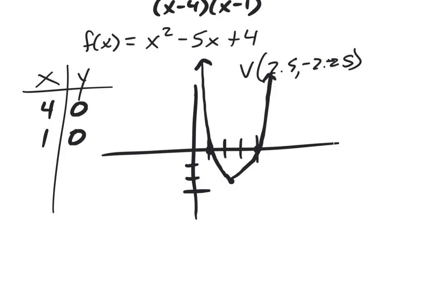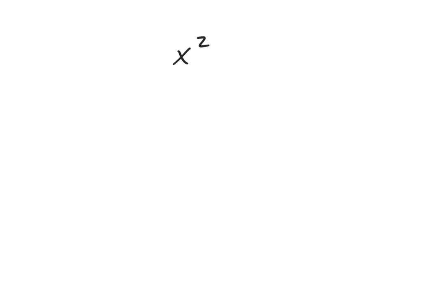Okay, remember that not all parabolas will touch the x-axis, and sometimes they don't have to cross. If I gave you an equation like this, let's first of all think about what the factoring would look like here.